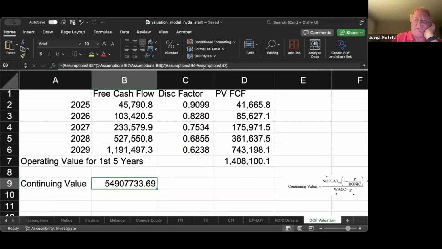So if those four assumptions come true, they would have continuing value of $54.9 trillion. Clearly, they're a little optimistic. But that's the number that the math would answer for.